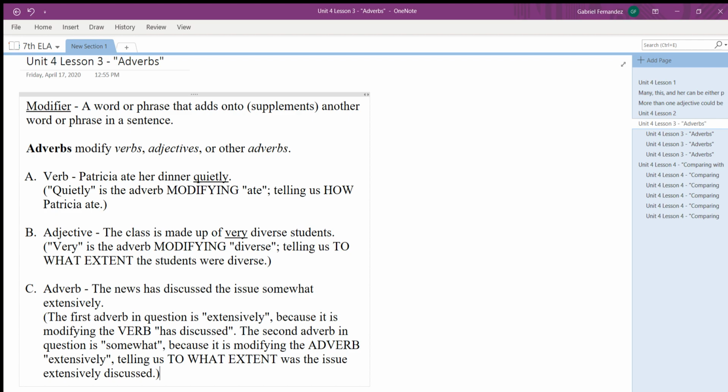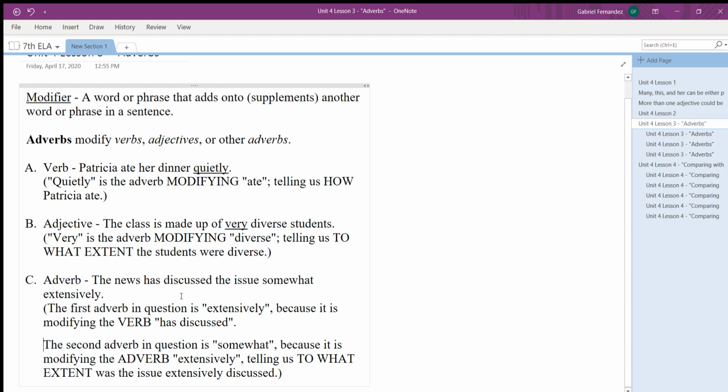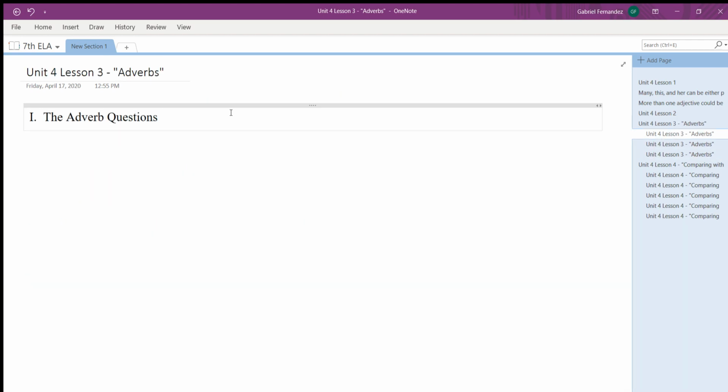Two adverbs in the same sentence, one modifying a verb, one modifying that adverb that was being used to modify the verb. So those are probably the more confusing examples. But yeah, those are the three primary functions of adverbs. Adverbs modifying verbs, adverbs modifying adjectives, adverbs modifying other adverbs. Let's go ahead and move on now into the adverb question.